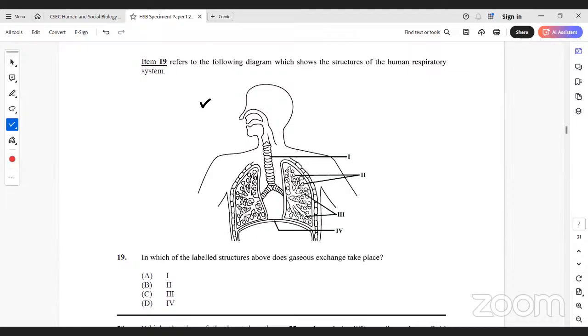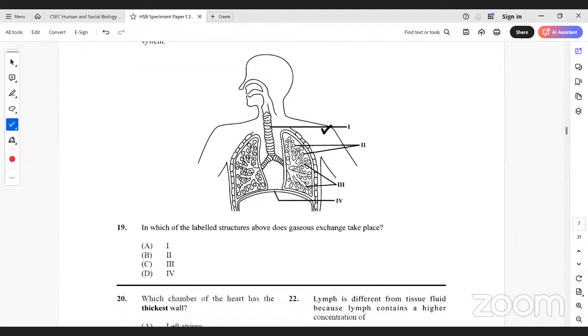Question 19. Refer to the following diagram, which shows the structure of the human respiratory system. The labelled structures in this diagram are a popular diagram. You would see it in many places.